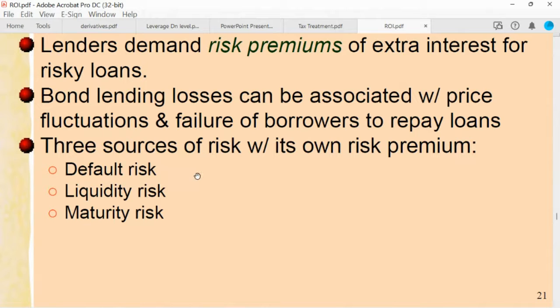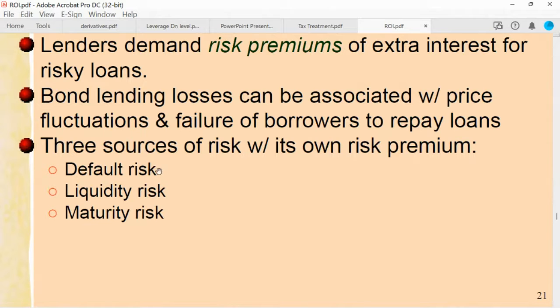I mean, inflation risk is first, and it's across the entire economy. It's not firm specific, not company specific, not borrower specific. It's across the board. If there's inflation, it affects everyone across the economy.